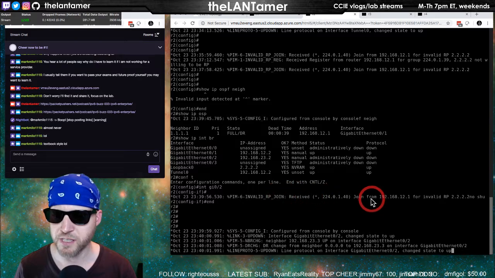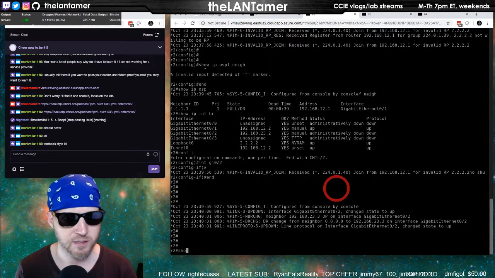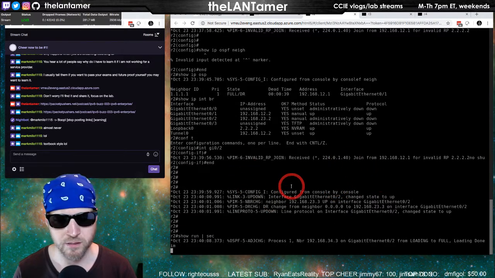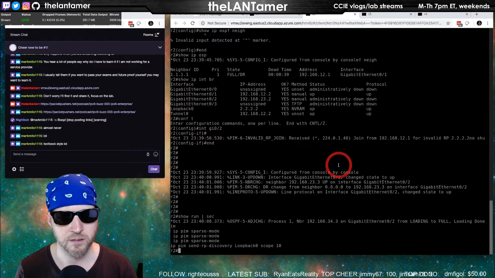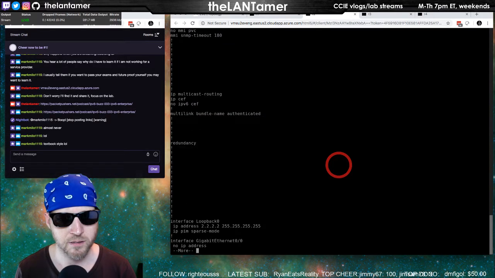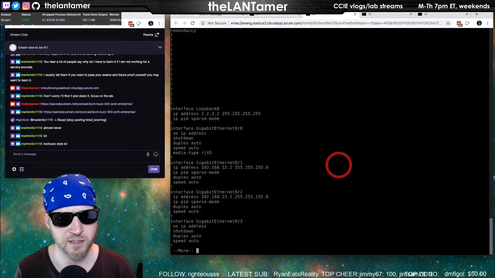We've got receive join from 12.1 for invalid 2.2.2.2. Okay. IP multicast routing, loopback.